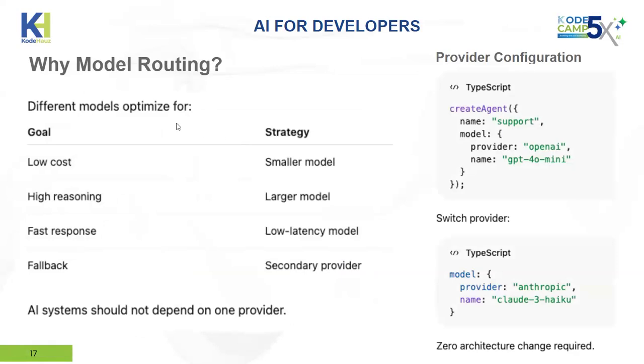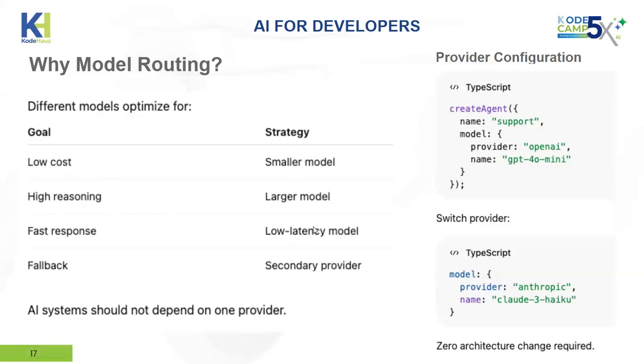I think I already talked about model routing, but we can still go over it again. The main reason why you want to do model routing most of the time is managing costs, right? For tasks that require small models, you use small models at low cost. For tasks that require larger models, especially those that are reasoning intensive, you can use larger models, so that you save your cost.